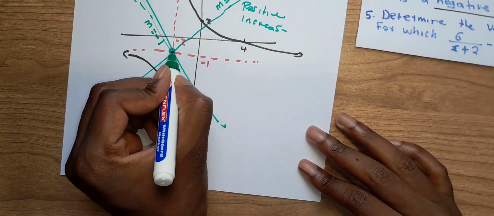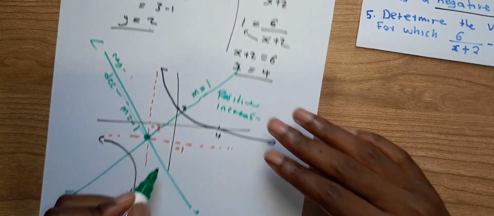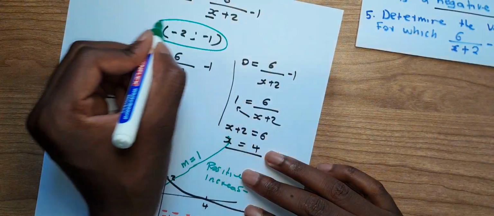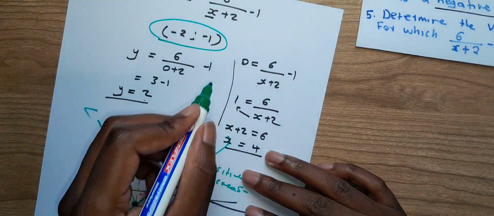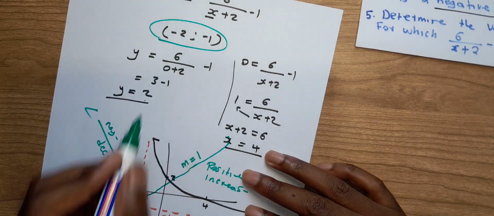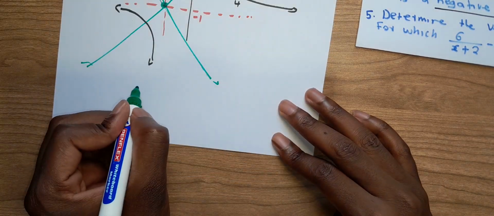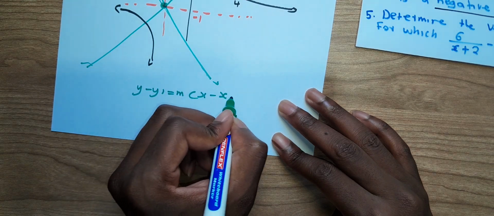So what do we do? We know we have this point, right? Isn't it? What is the coordinate of this point? The coordinates of this point turn out to be these. They are the equations of the asymptotes. The point where these asymptotes are crossing is negative 2 and negative 1. So we're going to say y minus y1 equals m times x minus x1.